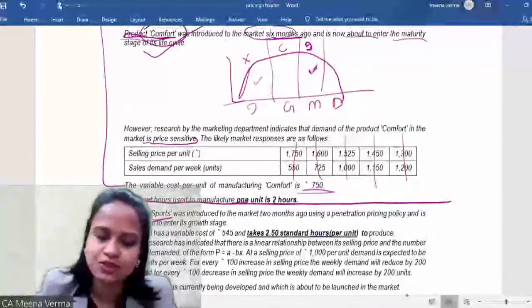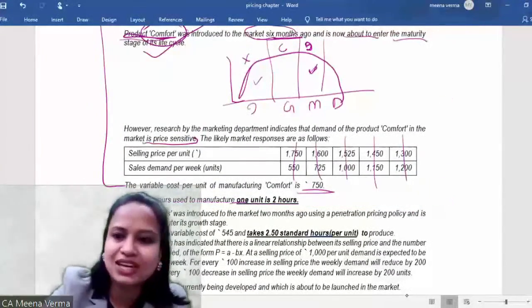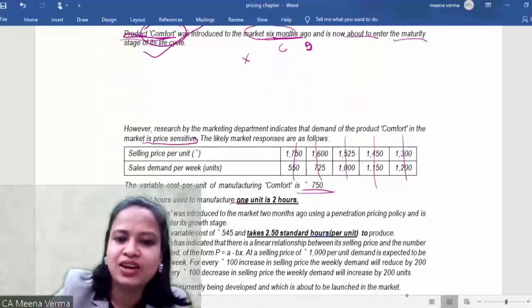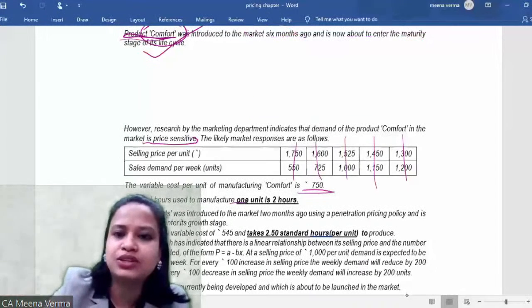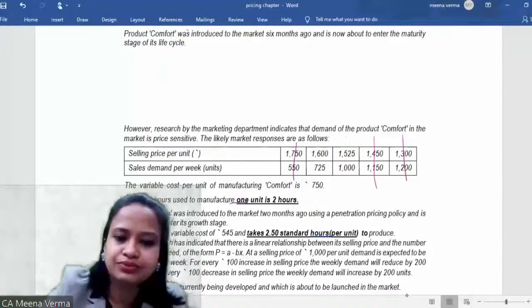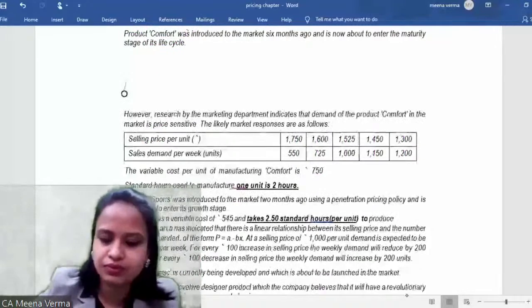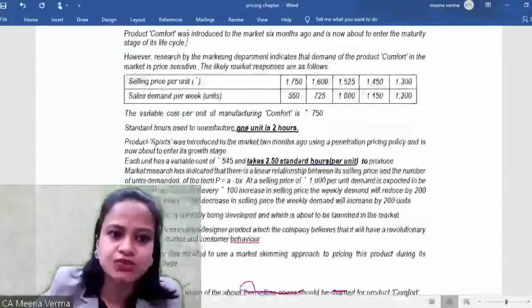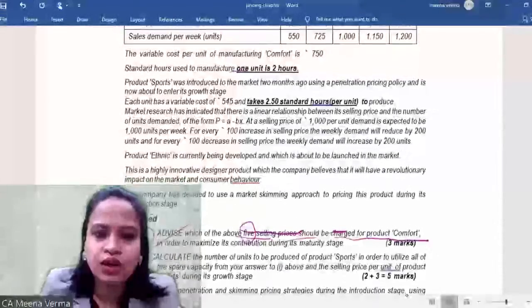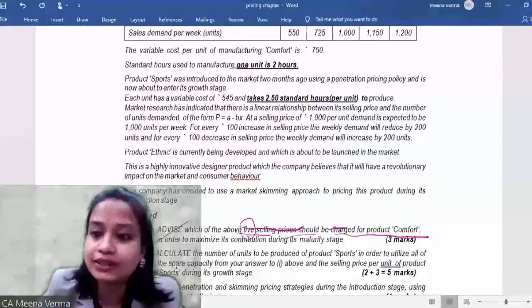Let us understand the next portion. We have less time to discuss, so let me do it a little faster. Let us do the next portion of the question. Now we have another product.